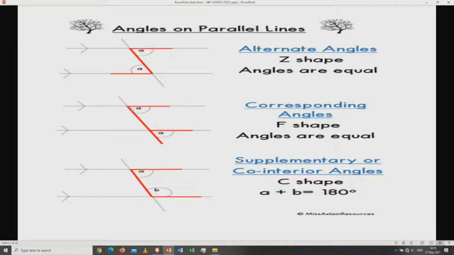Corresponding, below a parallel line on the same side of a transversal. Co-interior, within the parallel lines on the same side of a transversal, and they are supplementary. When you add them, they'll give you 180 degrees.